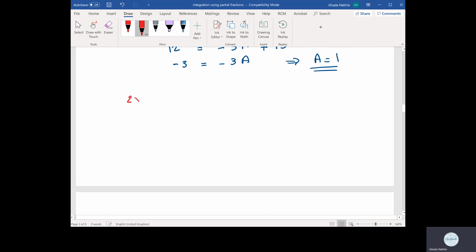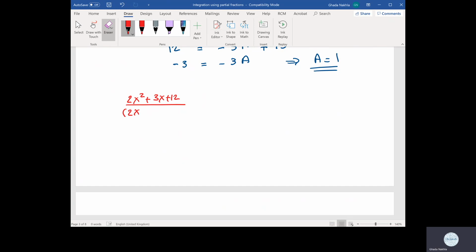So 2x squared plus 3x plus 12 over 2x minus 1 and x plus 3, and that is equal to, because I now know the values, 1, which is the value of A, plus the value of B, which is 4, divided by 2x minus 1, minus 3, the value of C, divided by x plus 3.